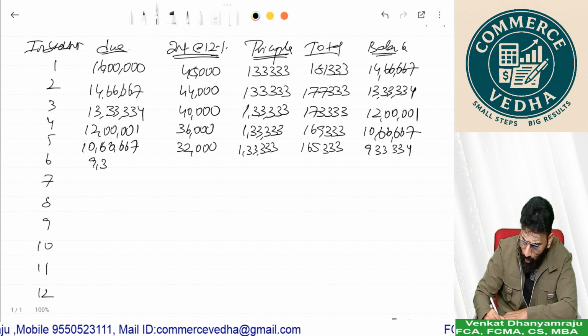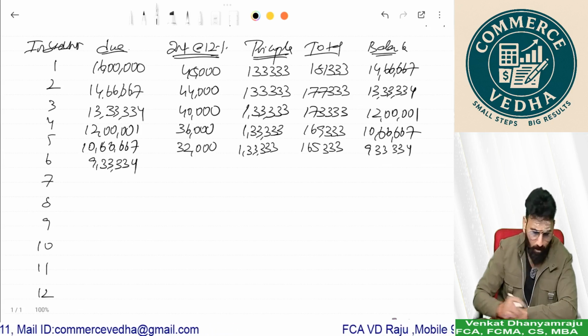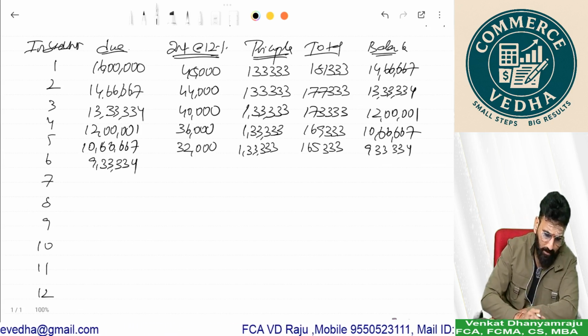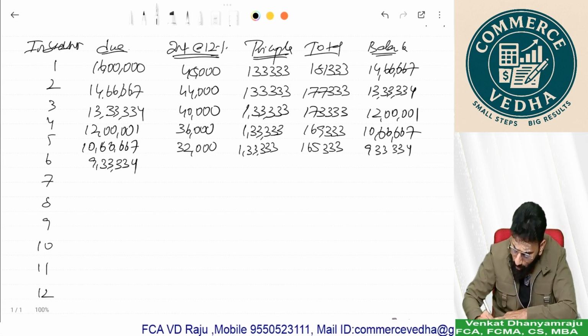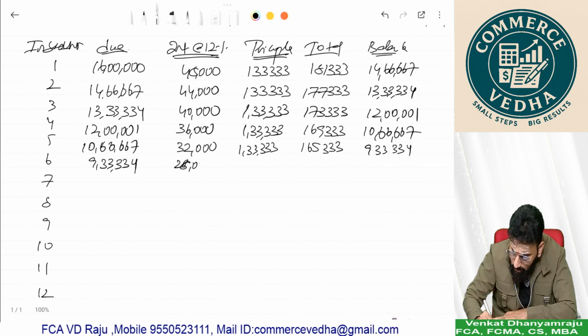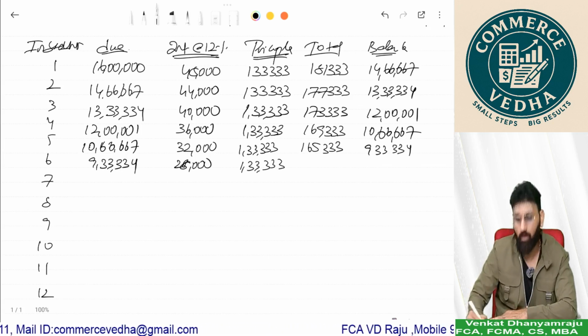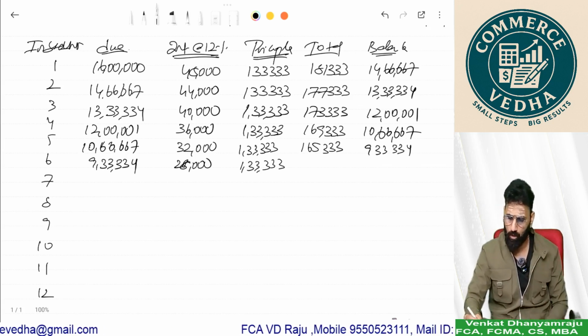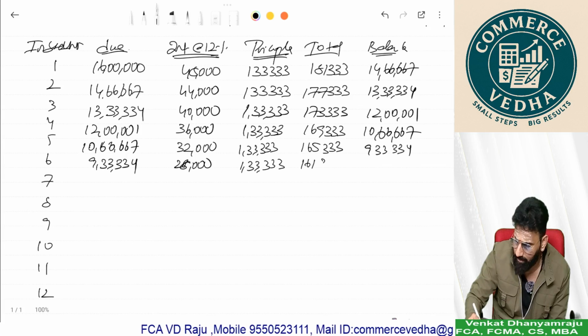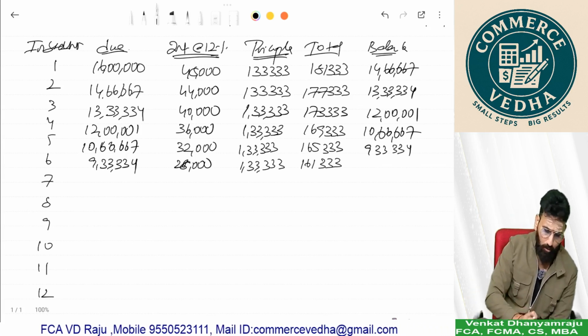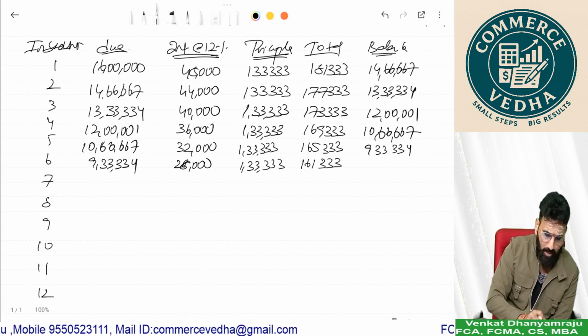That should be their opening. On that interest at 12% for 3 months is 28,000 and you have to pay the same principal due. So it will be 161,333.